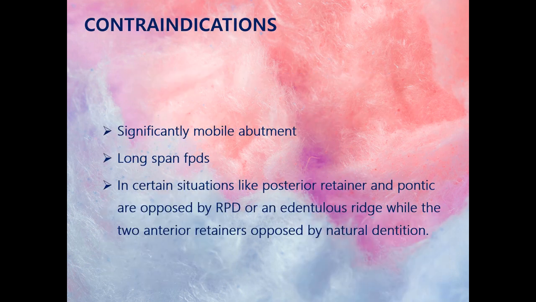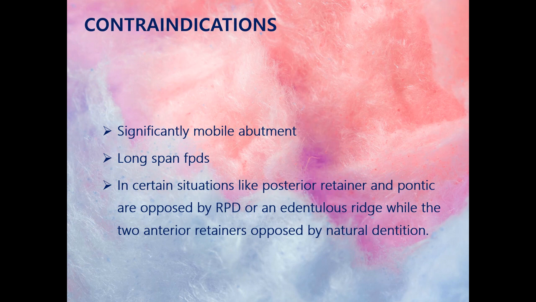Coming to the contraindications. So if the pier abutment exhibits significant mobility, you cannot use a non-rigid connector, and also in long span FPD. So if the span between the abutment is longer than one tooth, then non-rigid connector is contraindicated, and in certain situations like a posterior retainer and pontic are opposed by an RPD or an edentulous ridge, while the two anterior retainer are opposed by natural dentition.